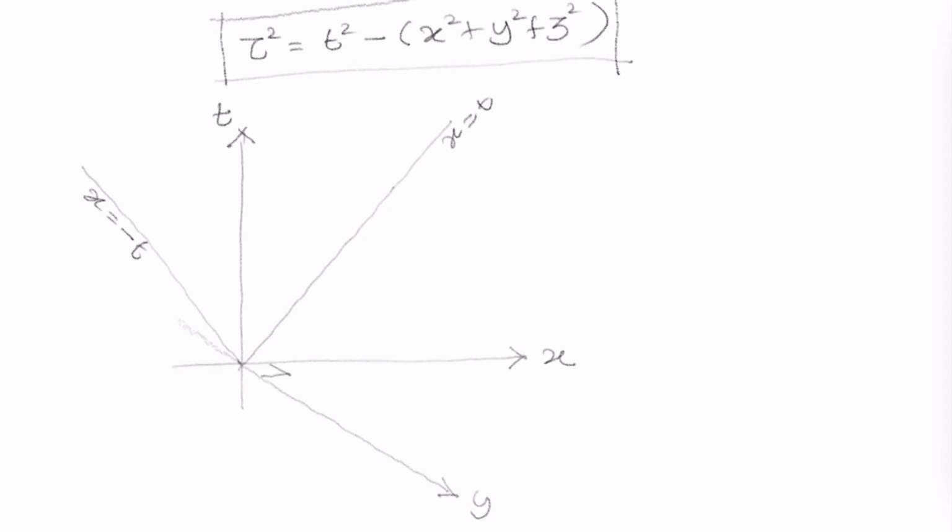Let's consider the y-axis only. When you take the ty plane, this is the light ray, t equals y. This is the other light ray, t equals minus y. So in general, the light rays form a cone like this.